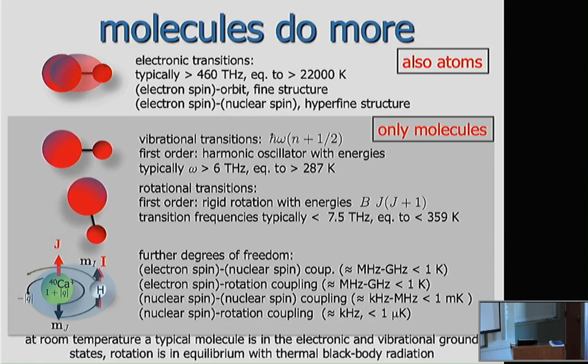So it's particularly in the hydride molecules that I'm talking about, you're basically always in the vibrational ground state if you're equilibrated with your environment. The rotational transitions are a different story. That's typically smaller than room temperature, so you will be in a distribution of rotational transitions. And then these smaller spin and rotational couplings, they're all way below 1 Kelvin, so typically you'll be in a big distribution of those degrees of freedom. Alright, so that's basically where we start with our molecules.